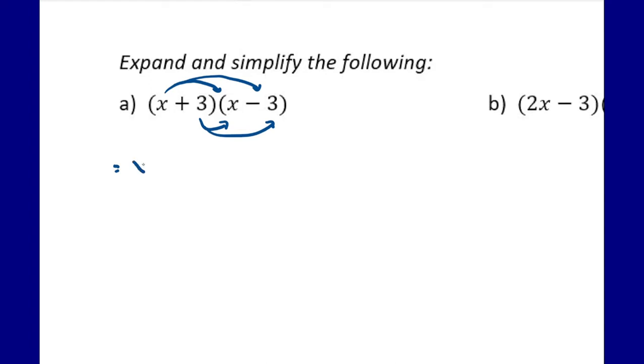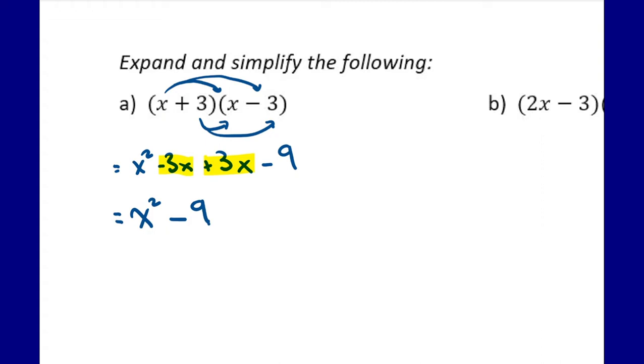Here we get x squared minus 3x plus 3x minus 9. When I collect my like terms, I see that my two middle terms are like terms. Minus 3x plus 3x, they cancel each other out. I'm just left with x squared minus 9.